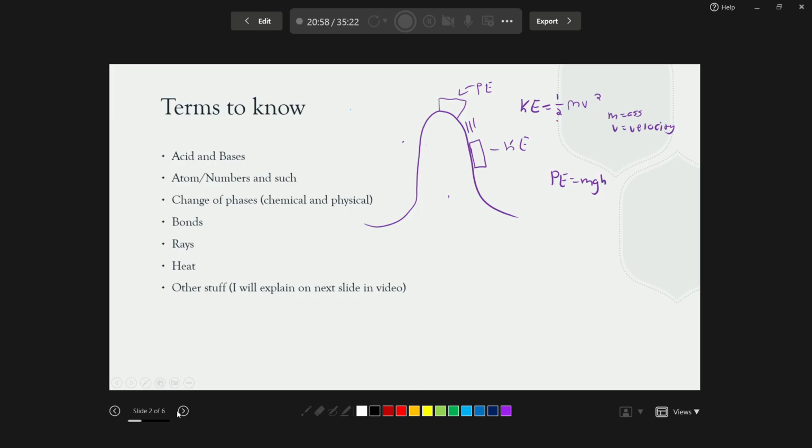Like I said, I don't really think this is important, but maybe this one is. If you were to ask for your total energy, which is T, you would just add your kinetic energy plus your potential energy. It's pretty simple. This one's probably the easiest one to grasp.